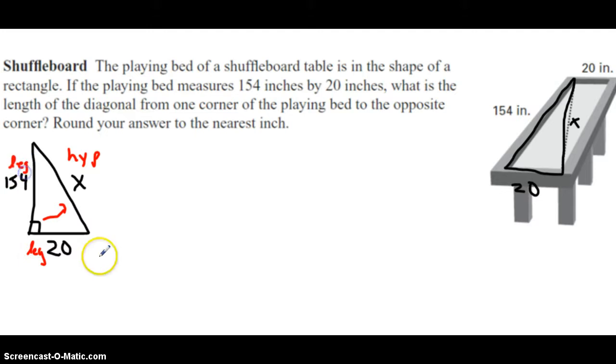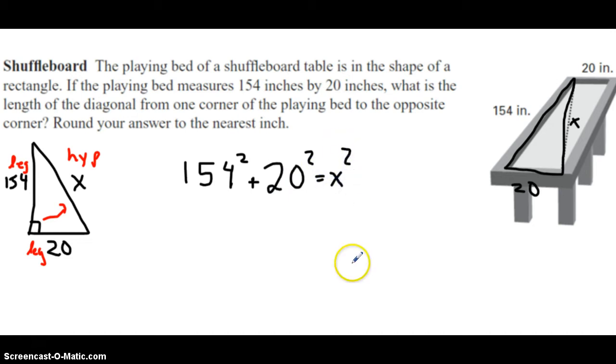And now I can use the Pythagorean theorem to help me solve. So I will say 154 squared plus 20 squared equals x squared. On your calculator, you will enter these two things and we have an equal sign.